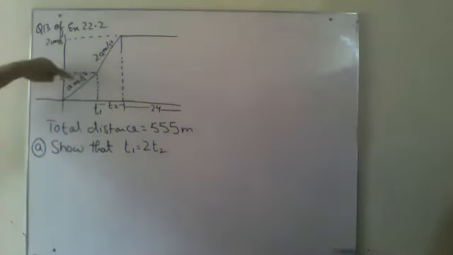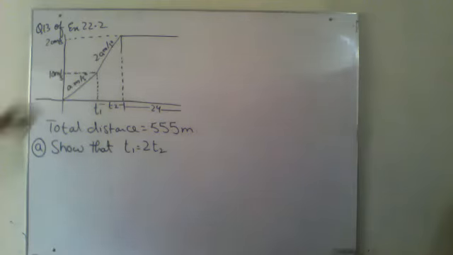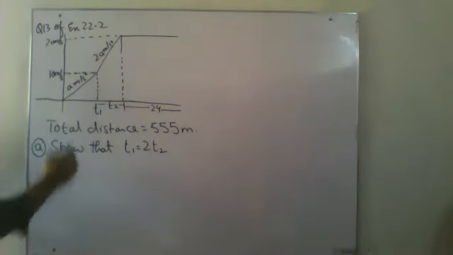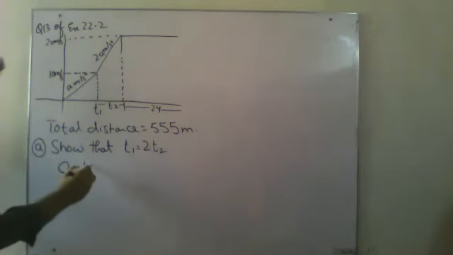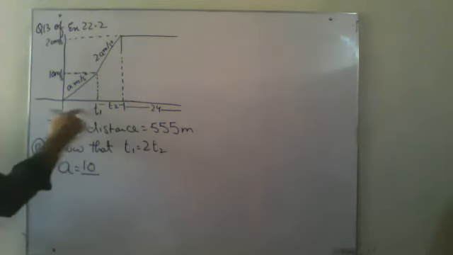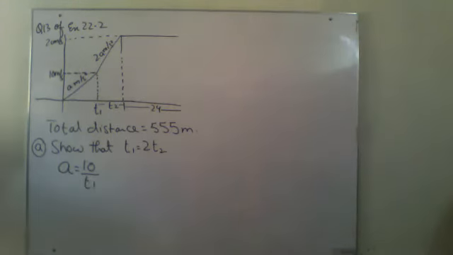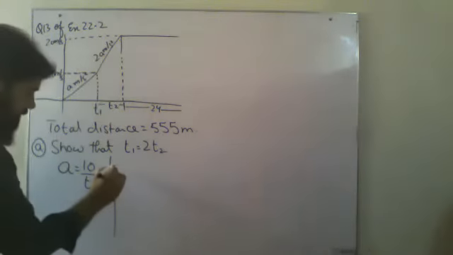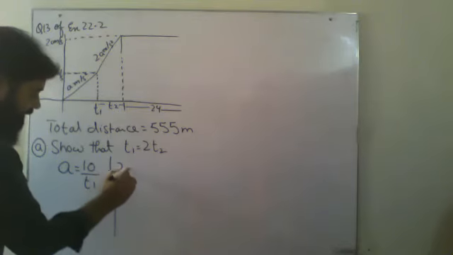Okay. Now, if I take this, acceleration. So, acceleration is what? Velocity, that is 10. Time, that is T1. And if I take this one, what will be this? That will be 2a.